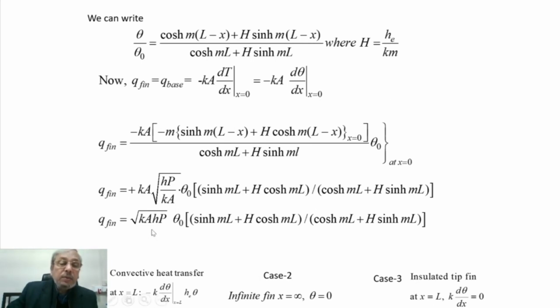And that is what we have written here: this is the first case where convective heat transfer takes place at the fin end, at the tip of the fin. There we get this solution. For the insulated tip fin, we get this solution.